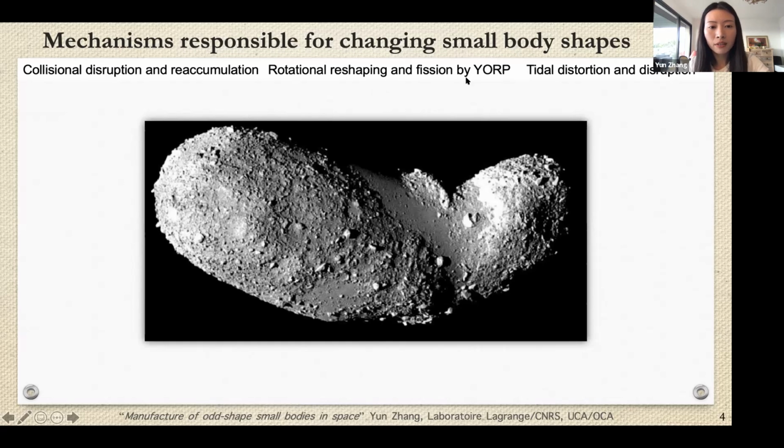One important mechanism is the so-called YORP effect. This effect can double the spin rate of a small body within millions of years, which could be shorter than their collisional lifetimes.